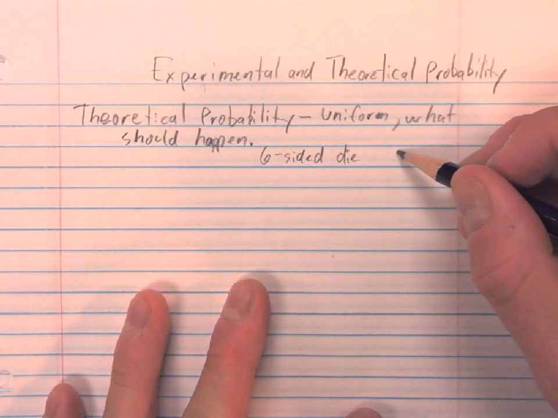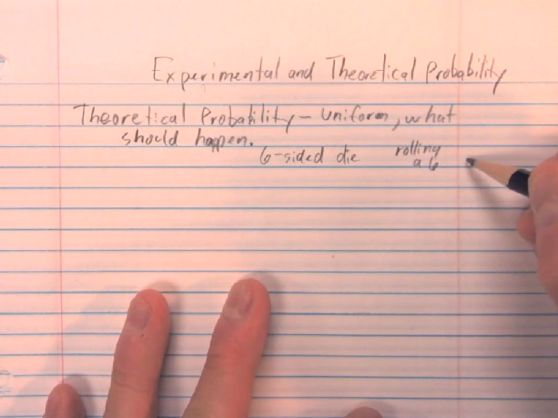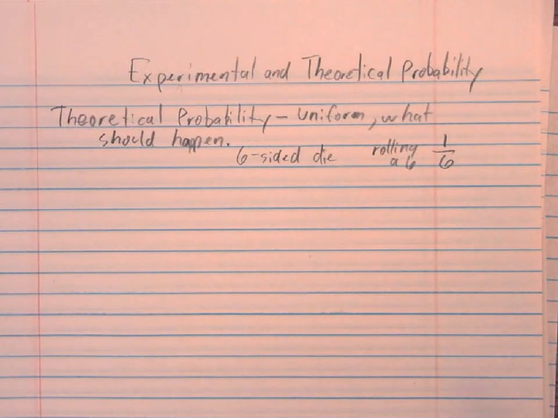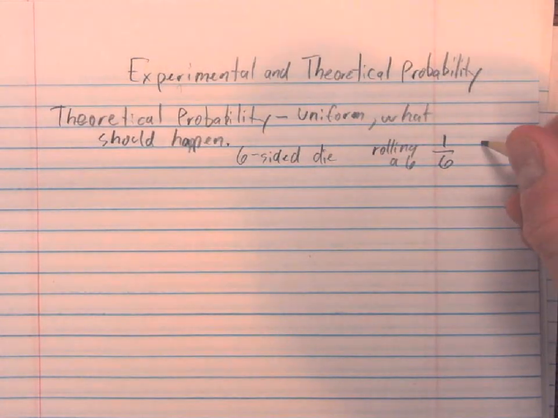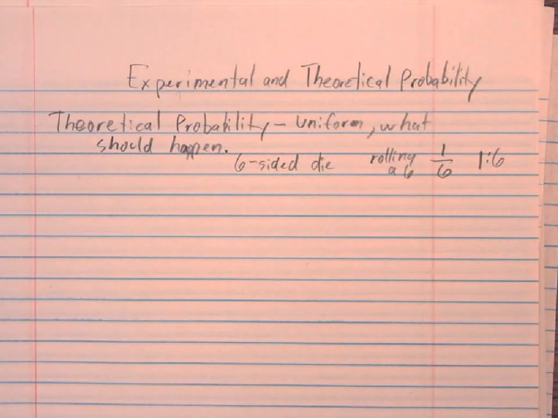The chances of you rolling a 6 is 1 to 6. That's the probability, sometimes written as 1/6. That's our chances of rolling that 6 on the cube.